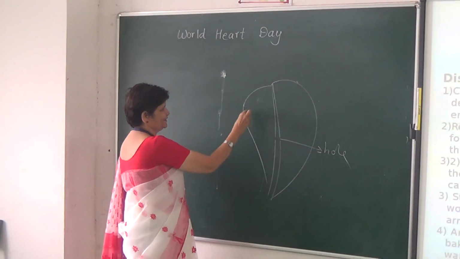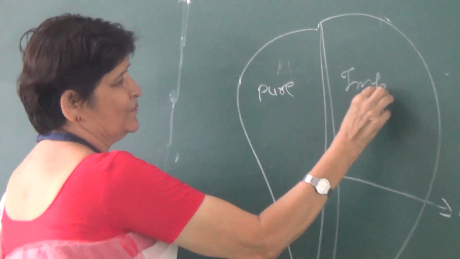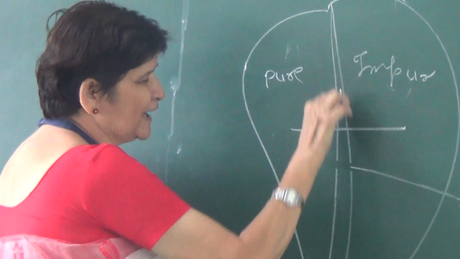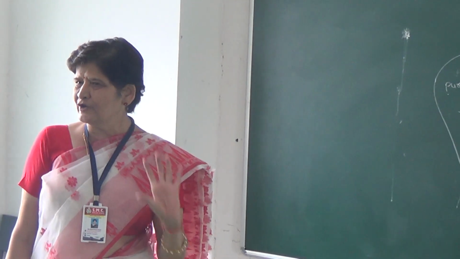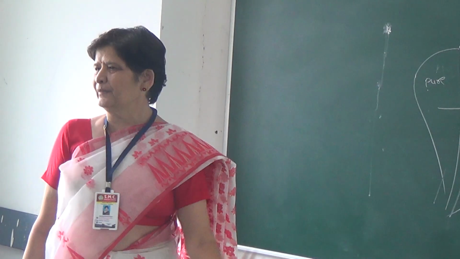What we have said, here there is pure blood, here impure blood. So due to that, there may be mixing of pure and impure blood as there is a hole in the heart. So instead of supply of oxygenated or pure blood to the body parts, mixed blood will be supplied.